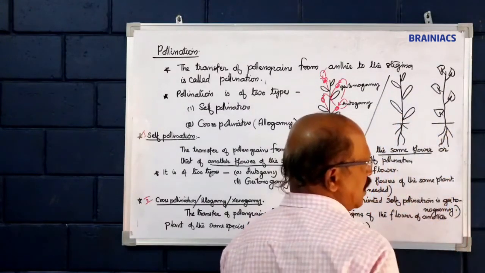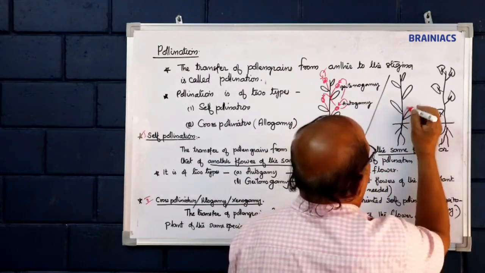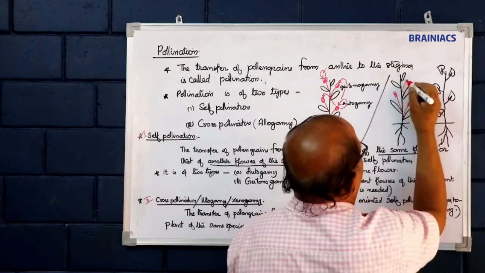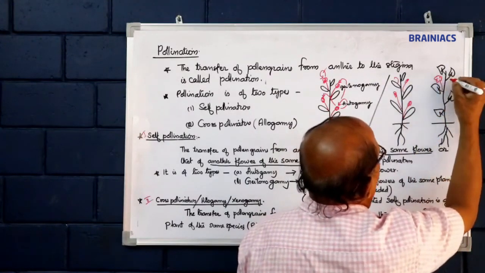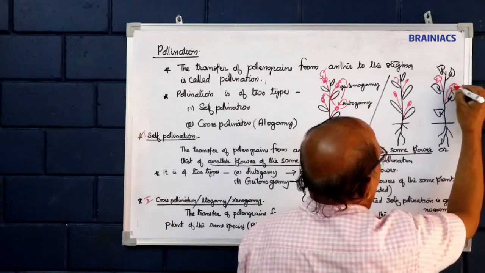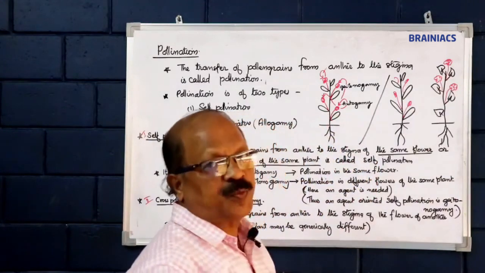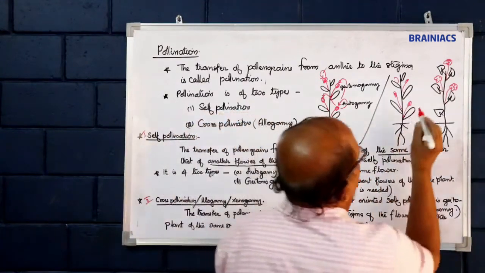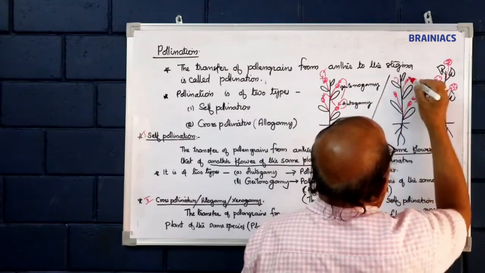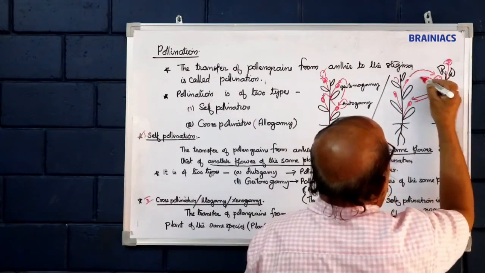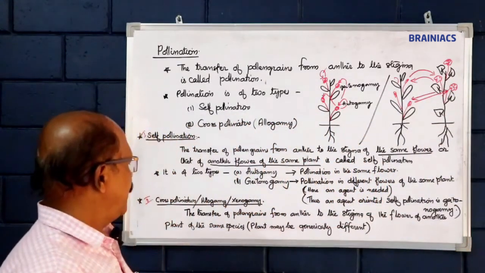Same species, two different kinds of plants, producing beautiful flowers. Two plants of the same species, pollination takes place between these. That is cross-pollination.